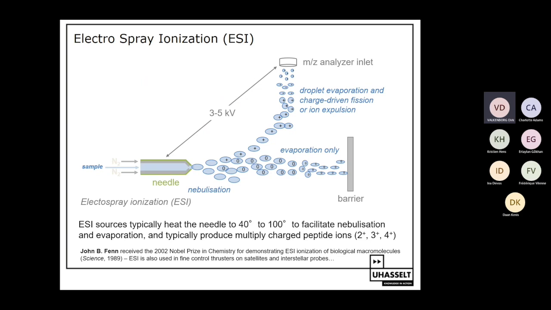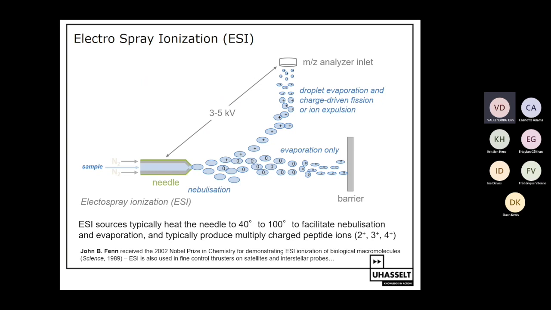Evaporation will speed up, and then even more positively charged protons, so a proton is a positive charge, will repel each other and will break up again, so that the droplet, the liquid, will evaporate very quickly.